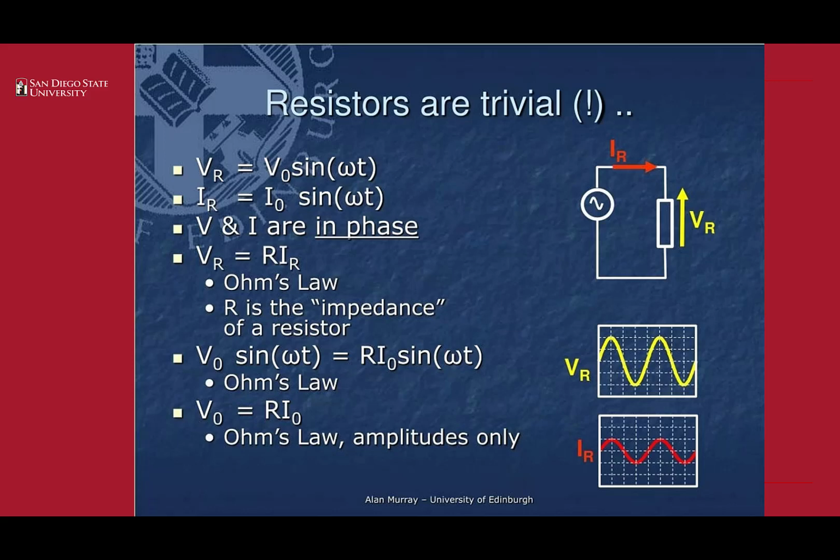Voltage measured on a resistor can be represented as V0 sine omega t, considering that there is an alternating current source.